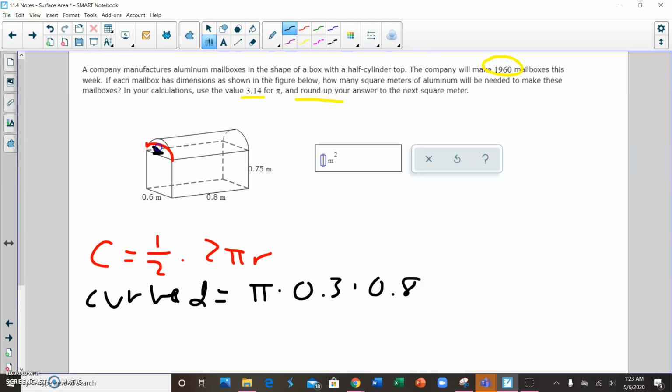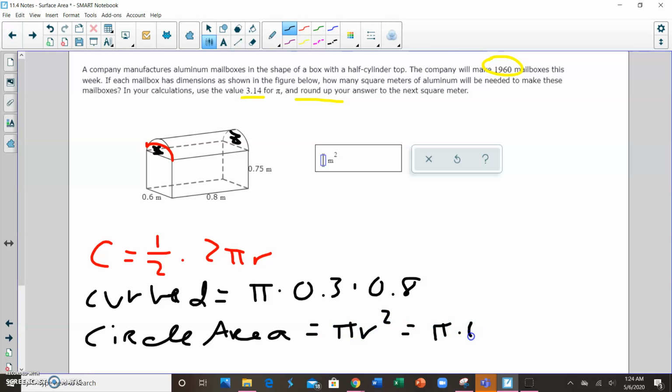Then we have the circle part here and the circle part here. So that's 2 half circles, so that's going to be 1 whole circle. So the circle area is going to be pi r squared. So that's going to be pi times 0.3 squared.